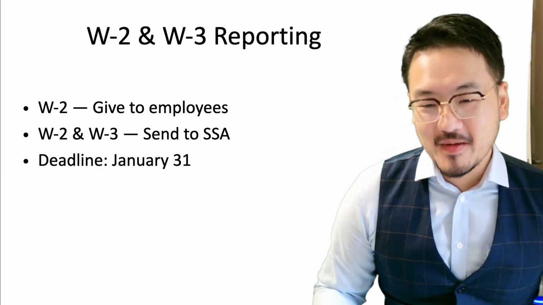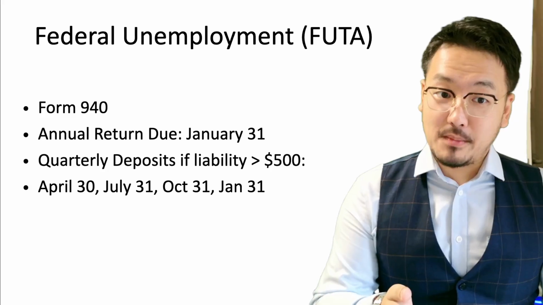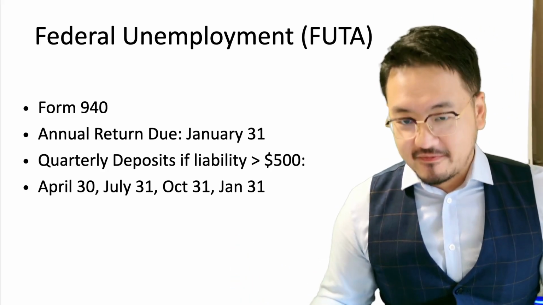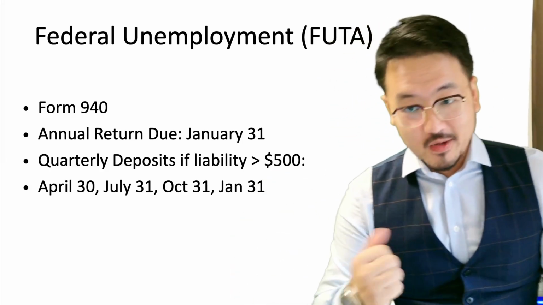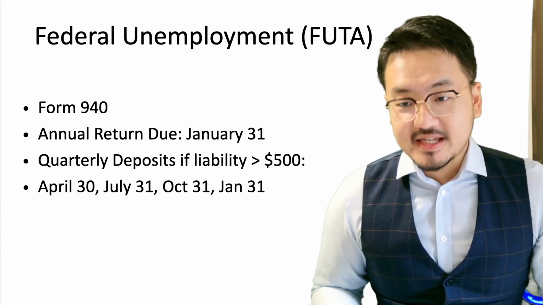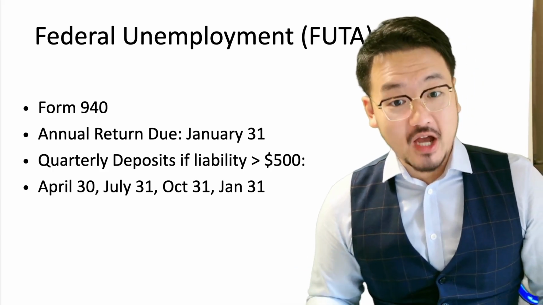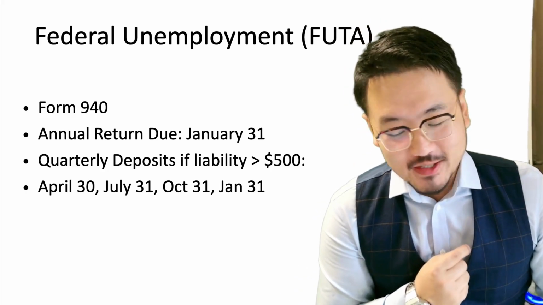So really simple. And of course, if we talk about employees, unfortunately we've got federal unemployment taxes, and for that we file Form 940. This annual return is also due by January 31st, but there's a catch. There is always a catch here.